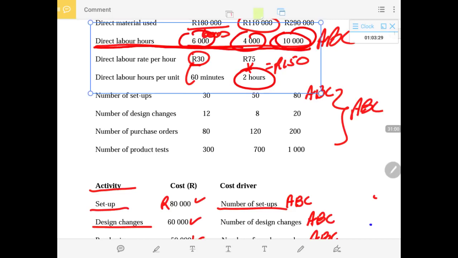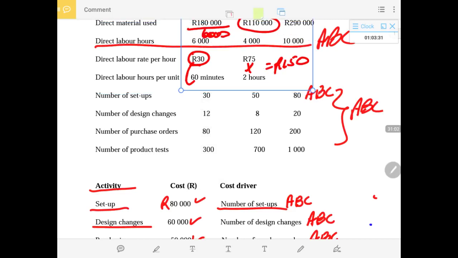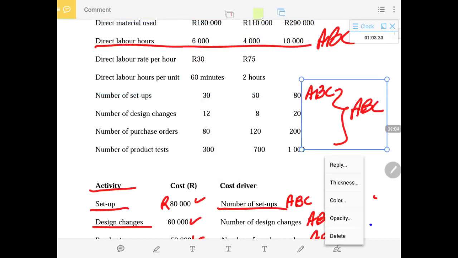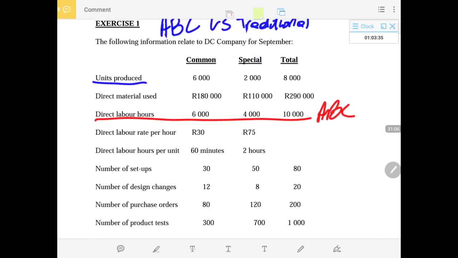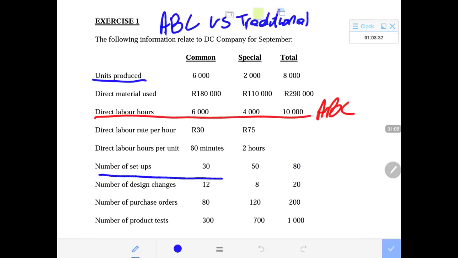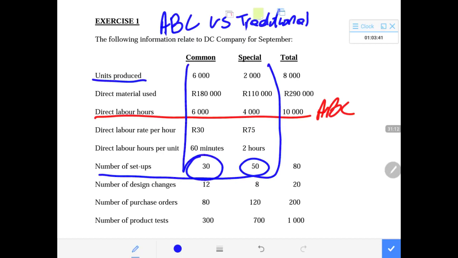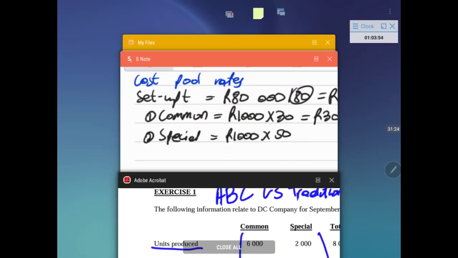Let me just clear my writing so that everything is visible. So now this is the number of setups for product special, and the number of setups for product common. So I take the rate and I multiply by the number of setups for each of the products. Initially you divide by the total, then you multiply by the individual number of setups for each of the products.